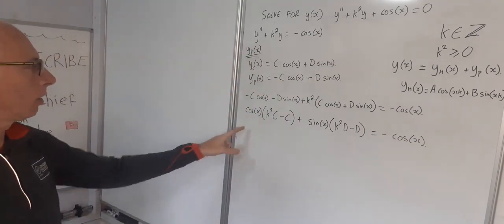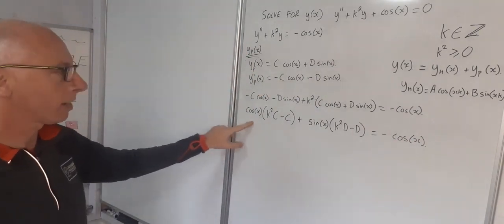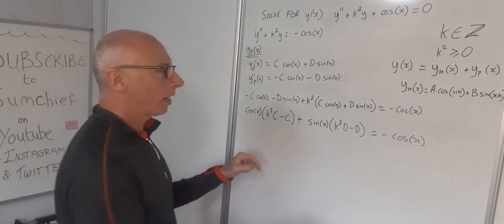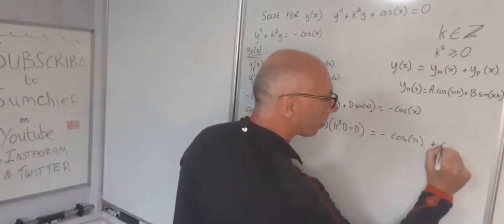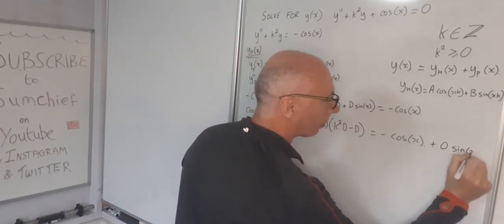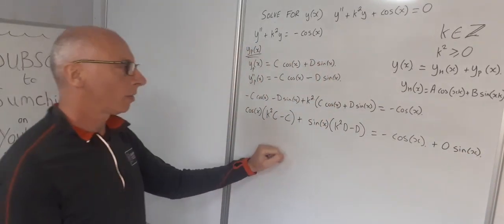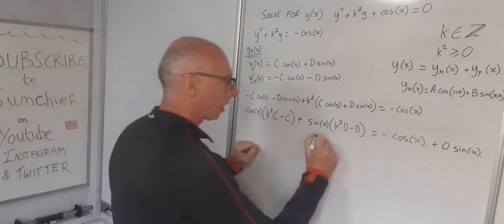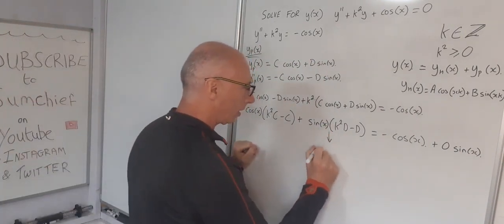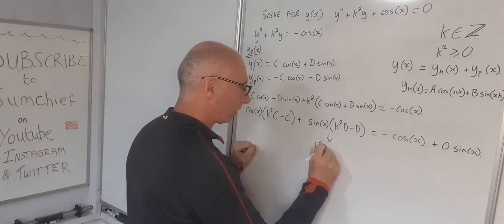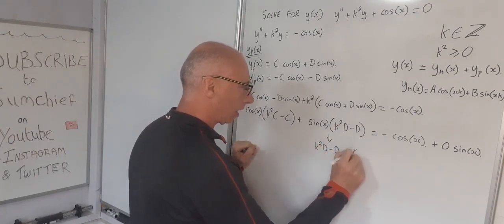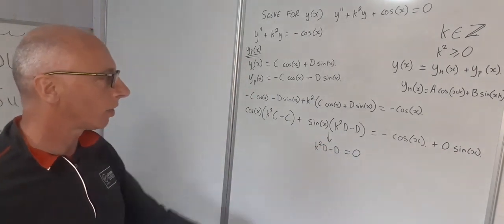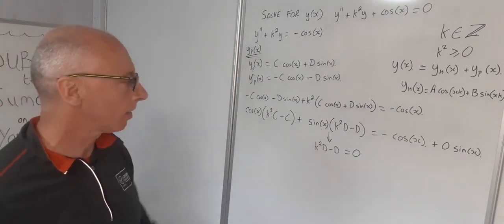Okay, well, I can see cosine of x here is matching on this side, but there's no sine here. So here I could write plus 0 sine of x. So I know here that k squared d minus d equals 0, because there is no sine of x on the right hand side of the equation, although I've got one here on the left hand side.